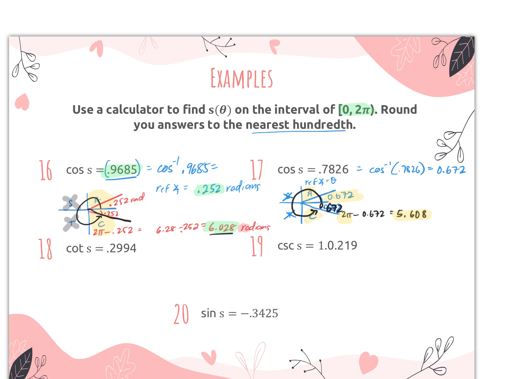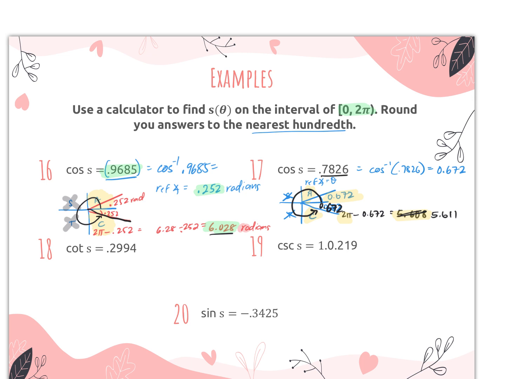2 times pi equals, minus 0.672 equals. So if I do 2 pi as opposed to 6.28, I get 5.611. And then if I do the cosine of that, yeah, I get a lot closer to this when I use 2 pi.